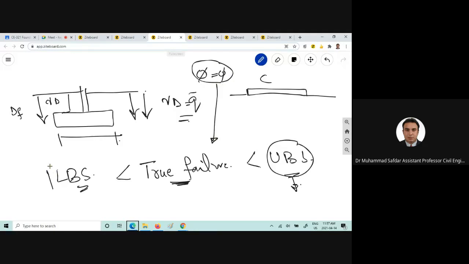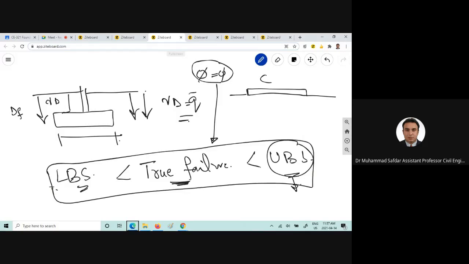Can you imagine the approximation which we are making at this stage? The solution is saying that if we find the lower bound solution, the lowest value which can be obtained for phi equal to 0 and C having some value, this is the lowest possible solution which we can get.